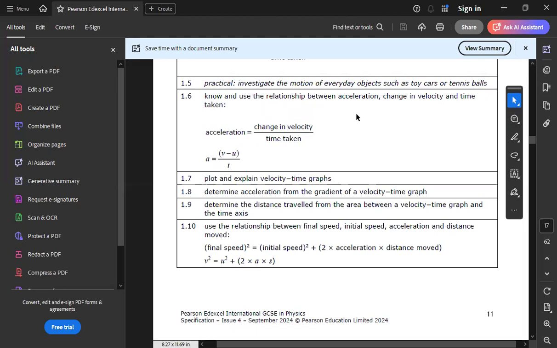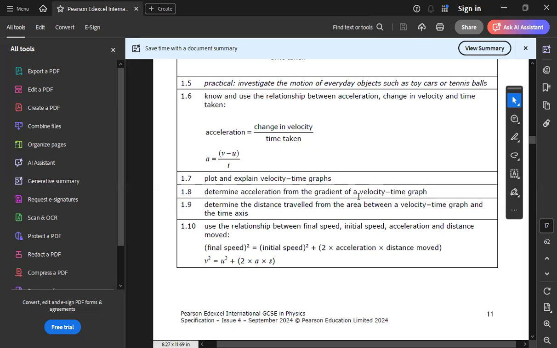Know and use the relationship between acceleration, change in velocity, and time taken. We discussed this in the last class. Change in velocity divided by time is the acceleration. We also discussed the velocity time graph, and how to find the acceleration or the speed from the given graph using the gradient.